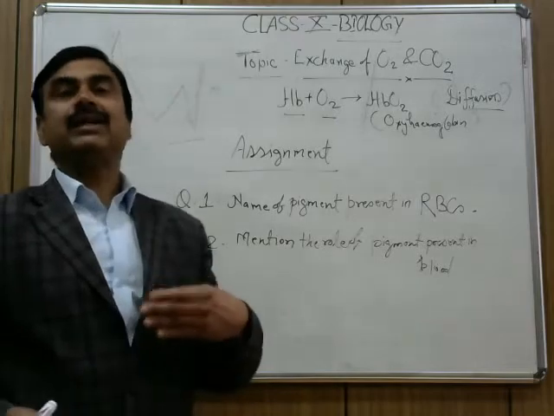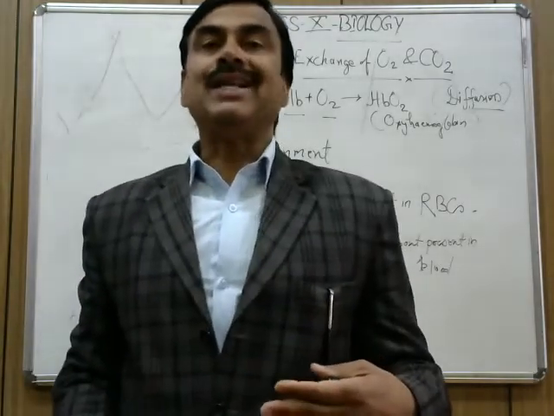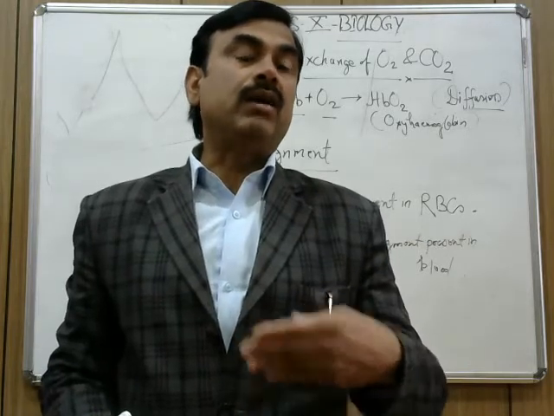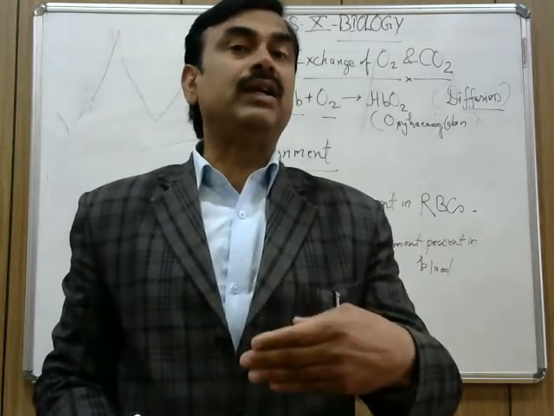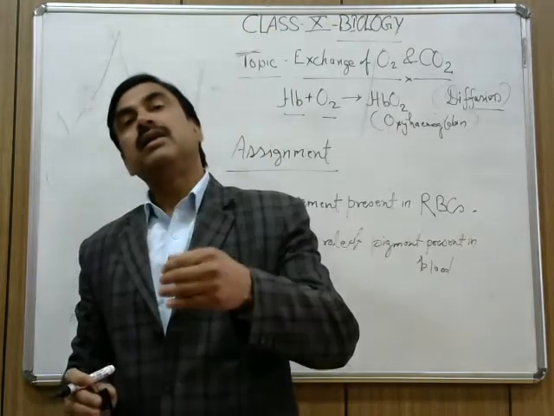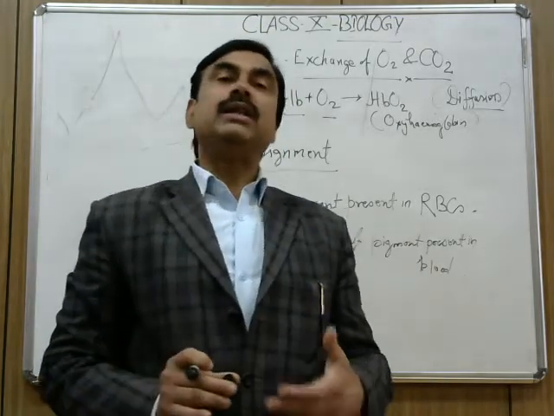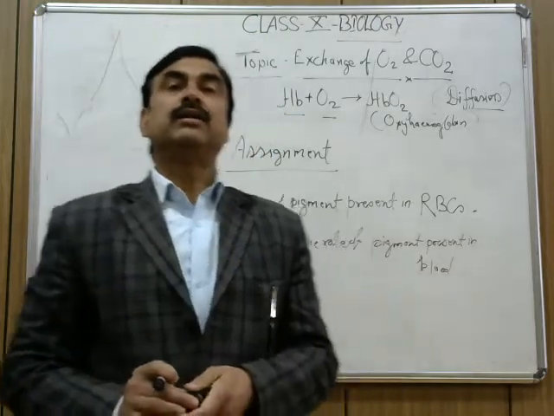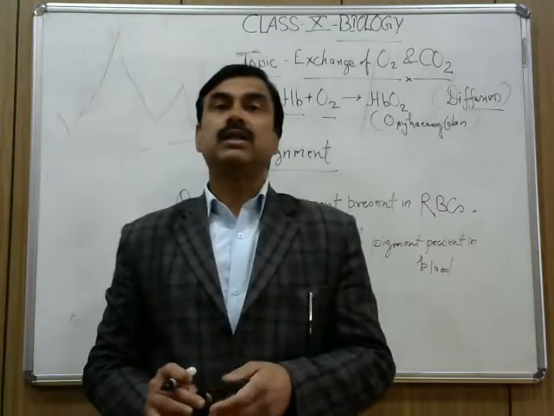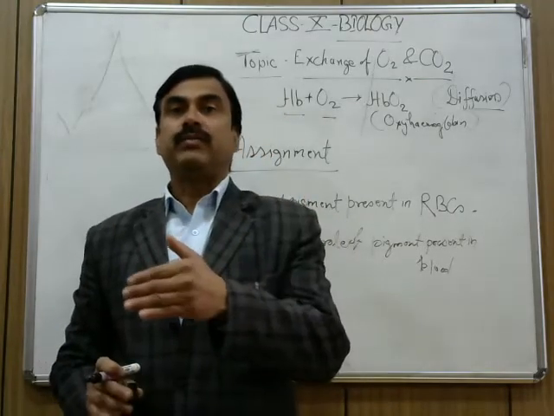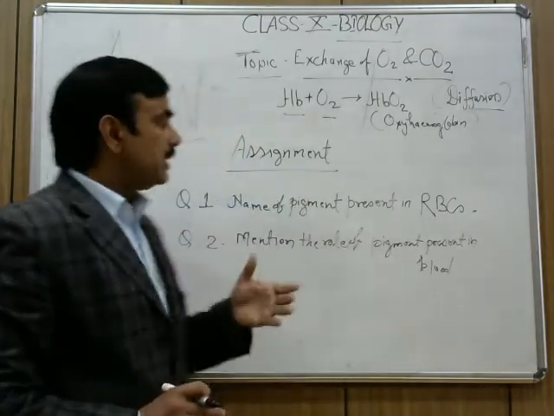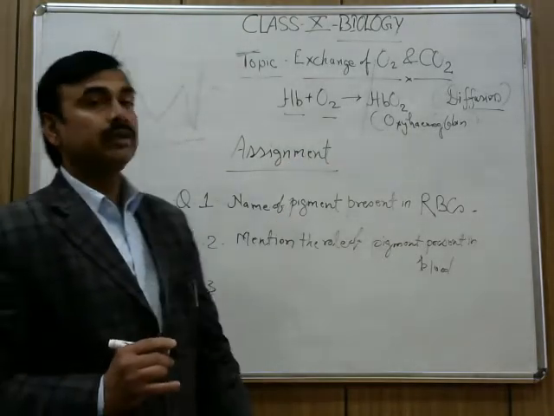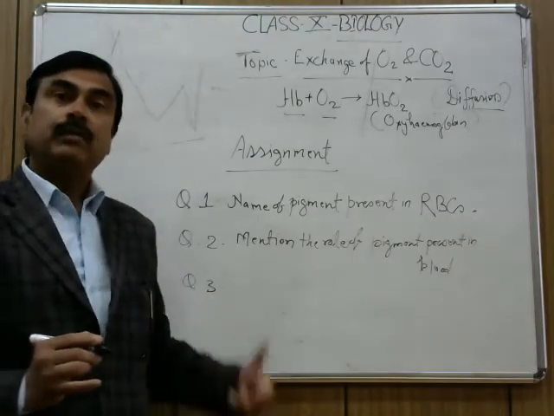As I told you, it carries the O2 and CO2. Which component is formed? Oxyhemoglobin when it joins with the oxygen, and another one is carboxyhemoglobin. When this pigment hemoglobin joins with the carbon dioxide, carboxyhemoglobin is transported. After this, there will be a question about what process takes place.